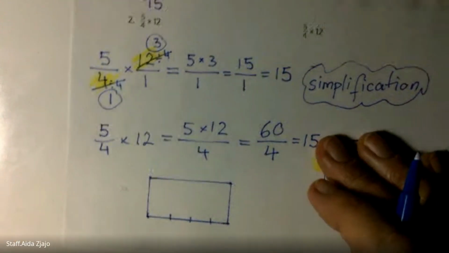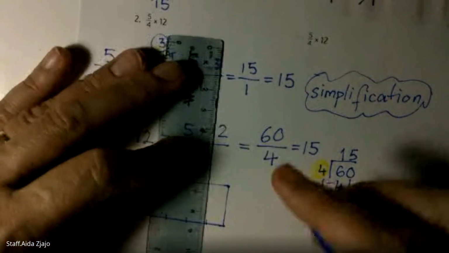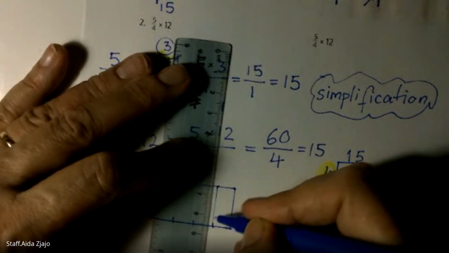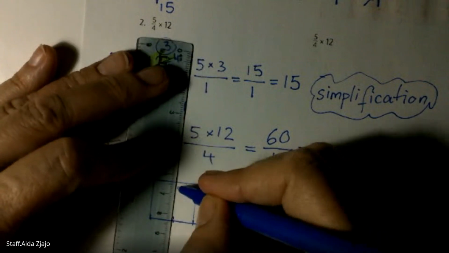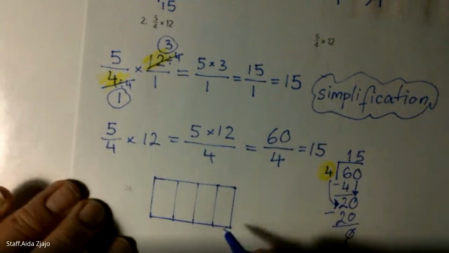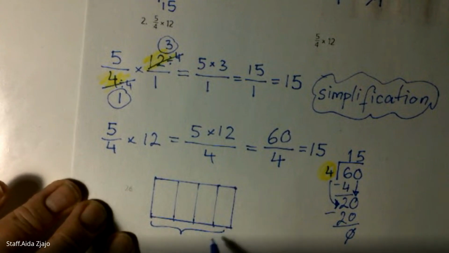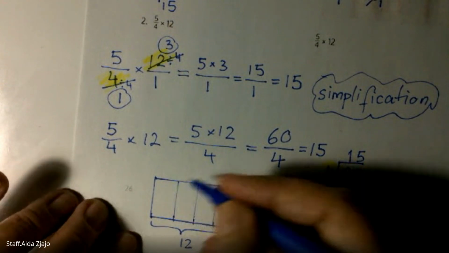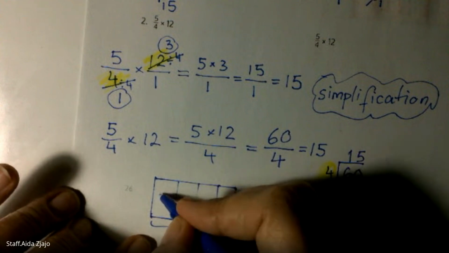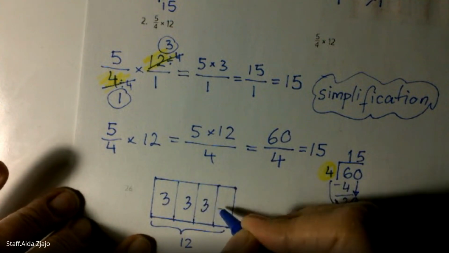This rectangle is 12. So I can think about 12 being divided into pieces: 4 times 3 is 12.